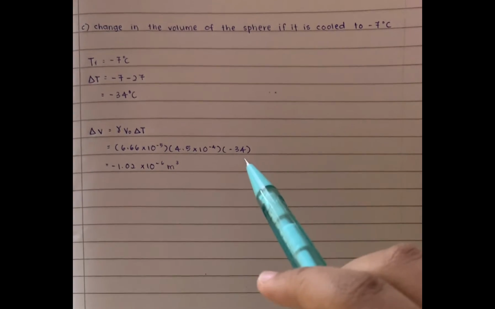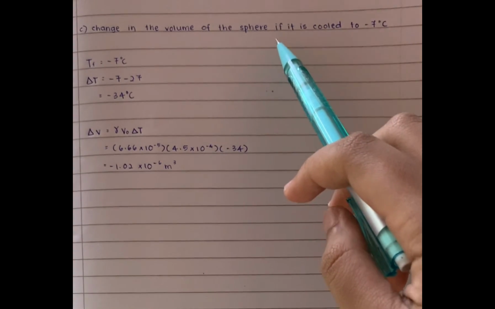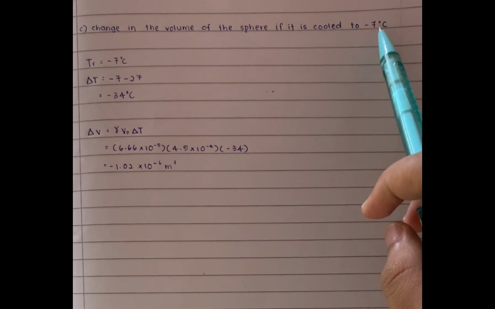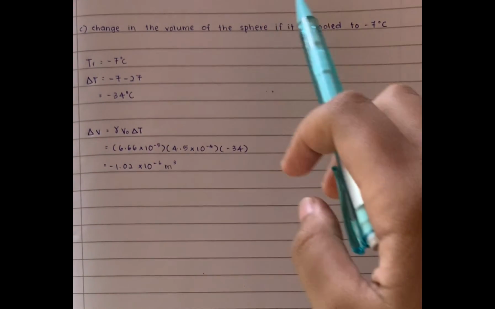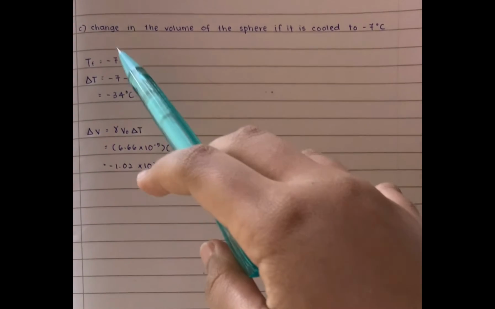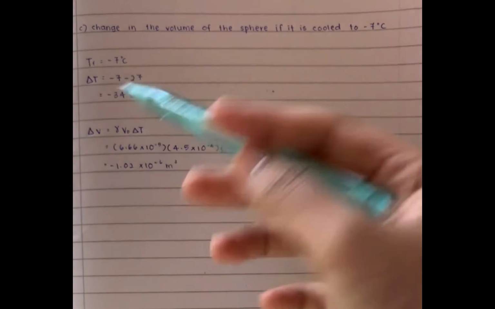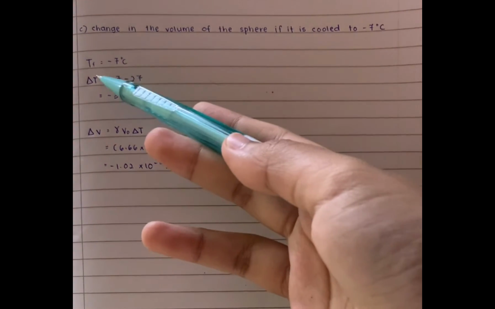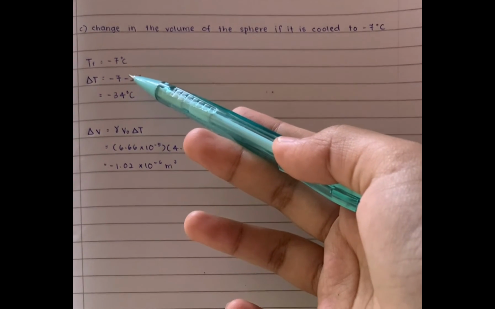Okay, soalan last. Dia nak change in the volume of the sphere if it's cooled to -7 darjah Celsius. So, kita kat sini dia dah bagi info the final temperature, iaitu -7 darjah Celsius. Jadi kita kena cari the change of temperature. -7 tolak dengan 27.